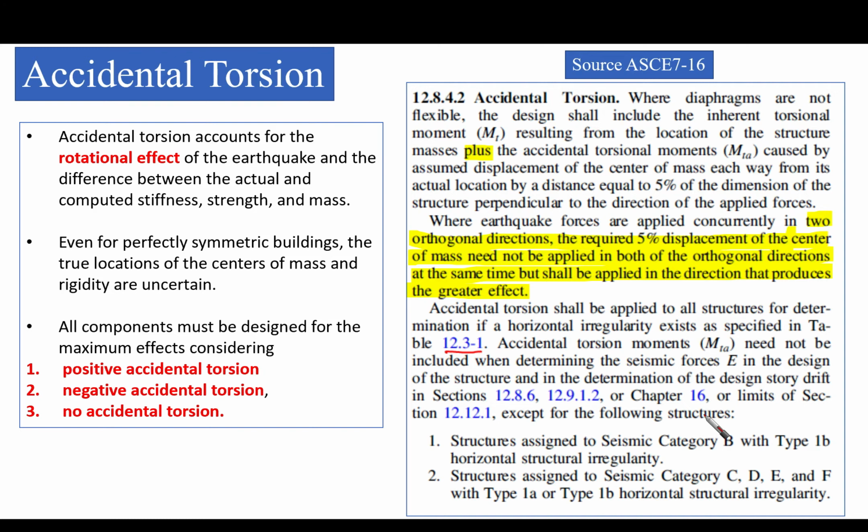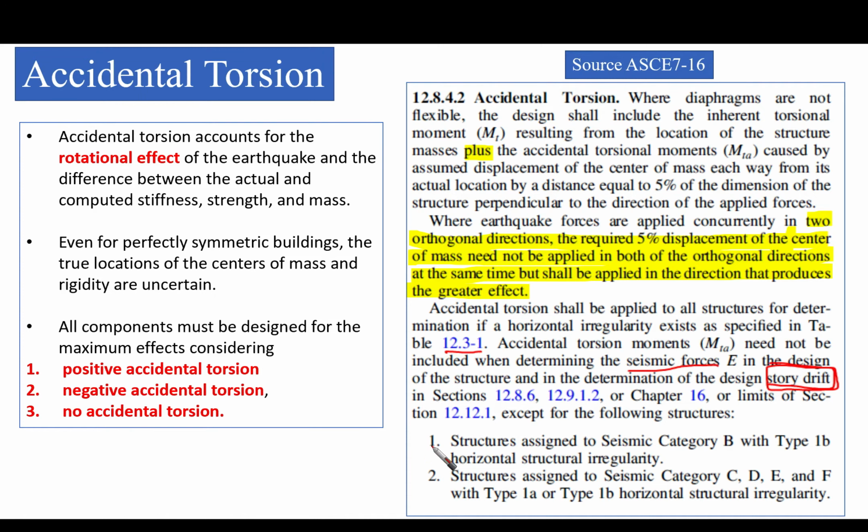Actually, these sections deal with some specific cases. The most important one from my own point of view is the story drift. For story drift calculation, we are not going to take into consideration this torsional amplification.